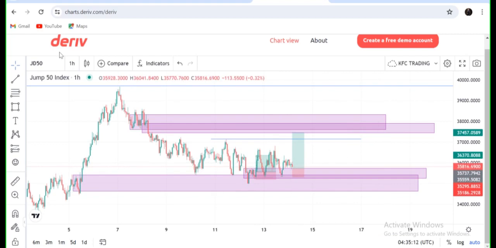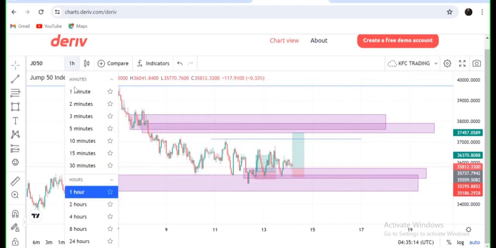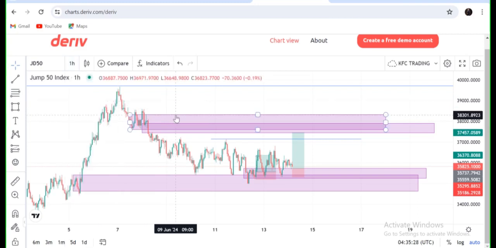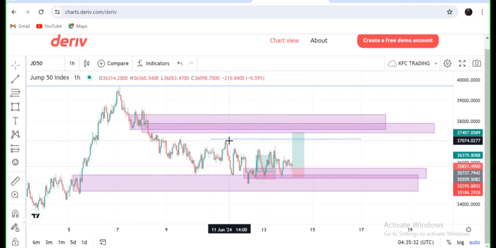After seeing those two blocks, the next thing I did was to spot the upside, of which I saw this fair value gap and the breakout block, and then this previous high.